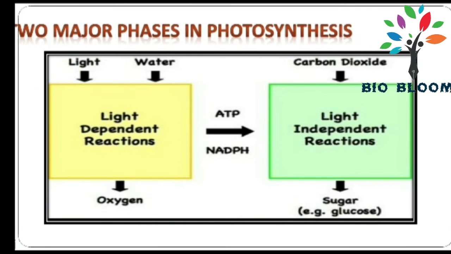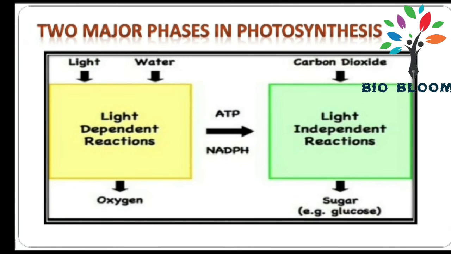Here you see, light reactions are also called light dependent reactions, and dark reaction is also called light independent reactions. The required elements for light dependent reactions are light and water, whereas the end products after the process of light reactions are oxygen, which is released into the atmosphere, and ATP and NADPH, which are utilized by the dark reaction process.